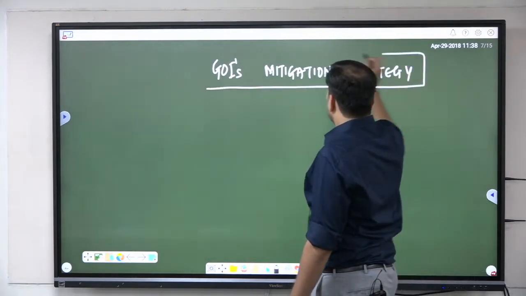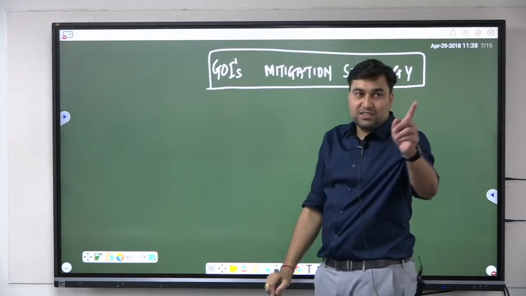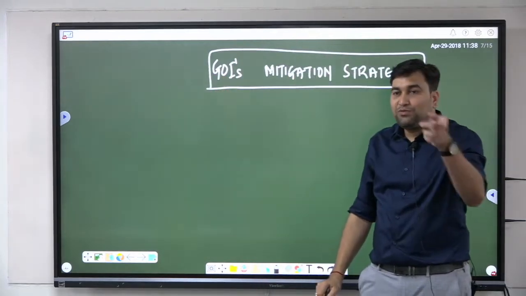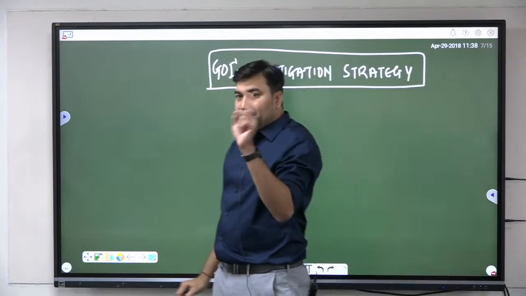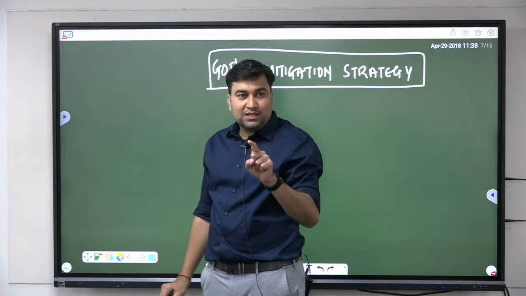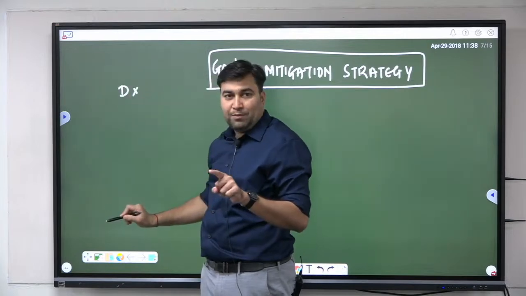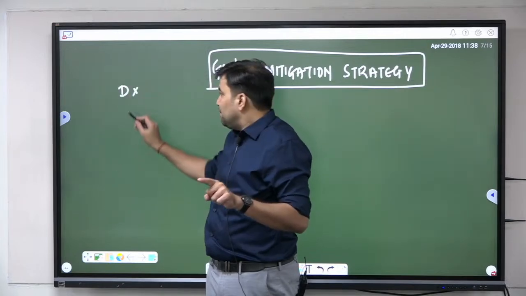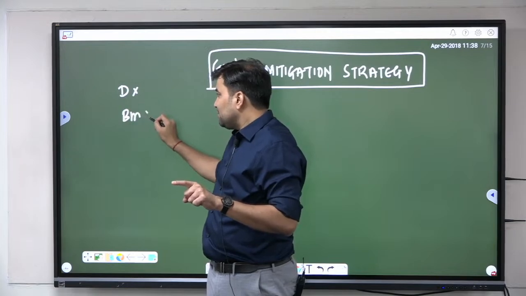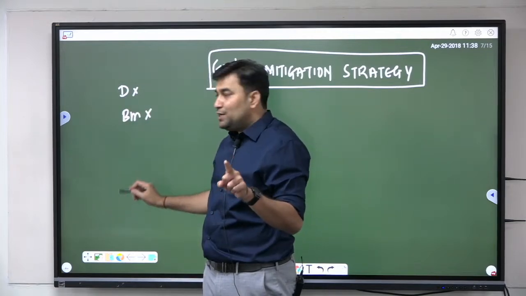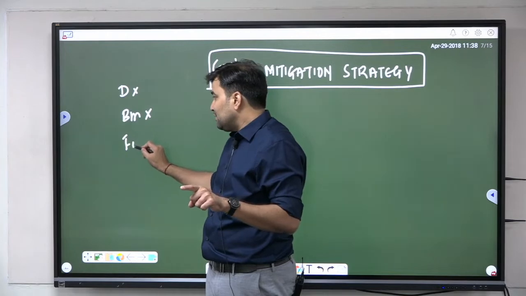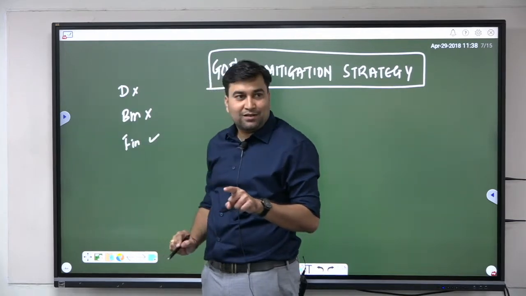Now tell me, what are the factors responsible for insurgency? Lack of development, right? Secondly, border management and associated issues. Easy availability of terror financing, correct? Finances were available, from where?